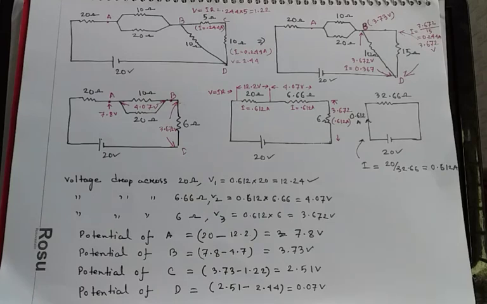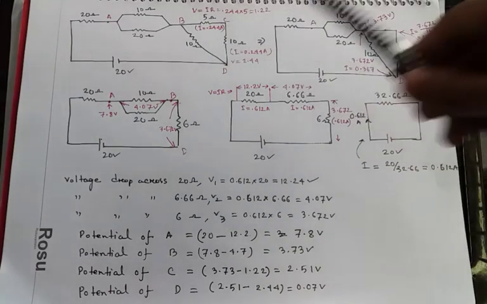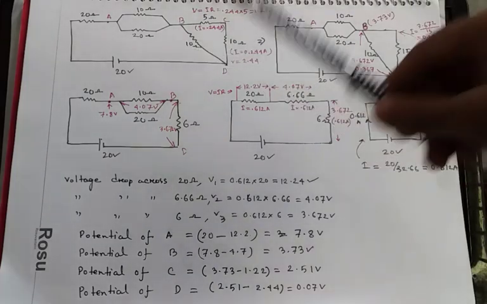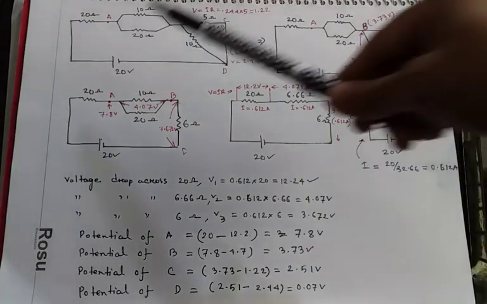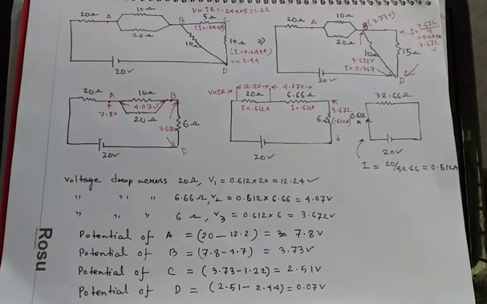And at the same time, if it is not mentioned in the question, that means if you are told just to measure the branch current for 5 ohm, or for 10 ohm, or for 20 ohm, if this type of question is asked of you, you can easily determine the branch current for any branch.